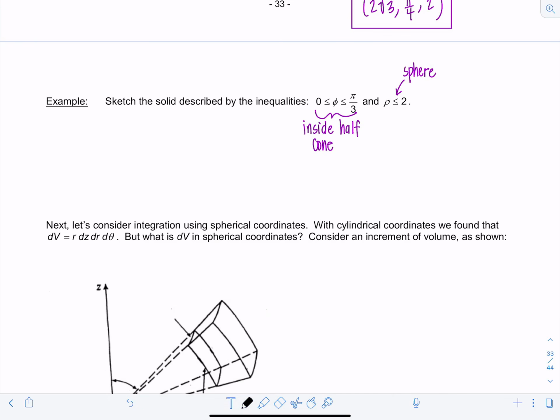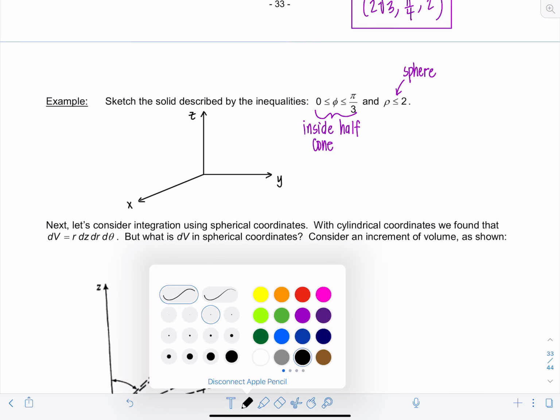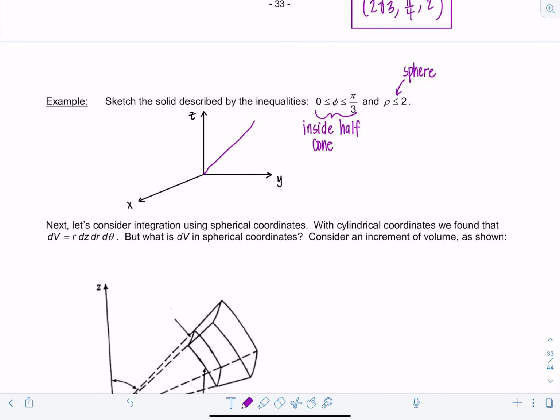So let's draw what this solid would look like. So start off, make your angle of pi thirds with the positive z-axis. And you want to indicate that you know what the angle is, okay? Don't just draw your cone willy-nilly and think it'll work out. So I'm going to say this is pi thirds, okay?